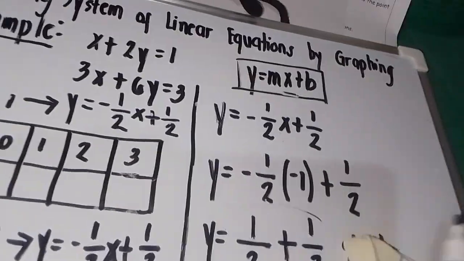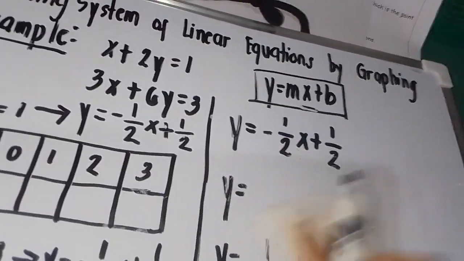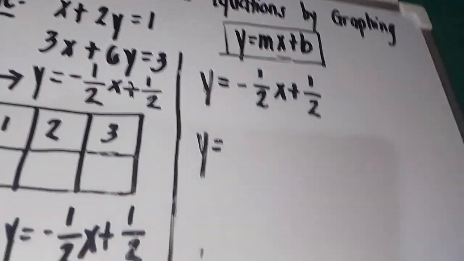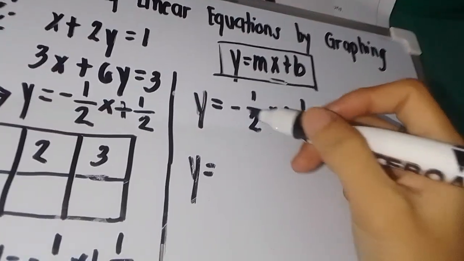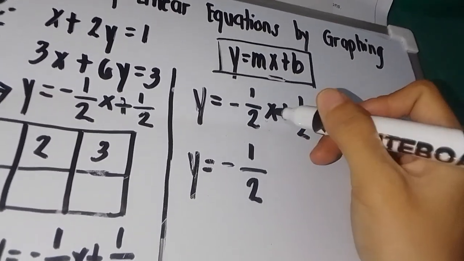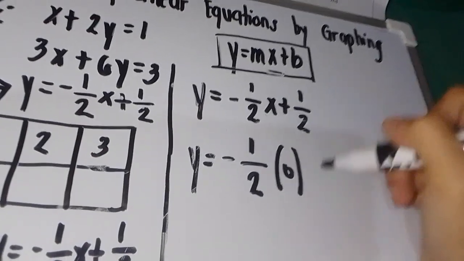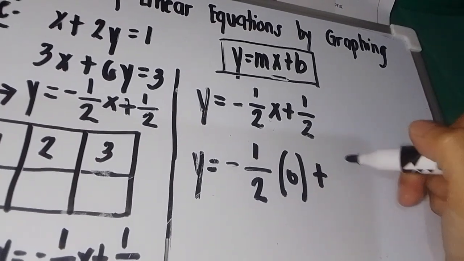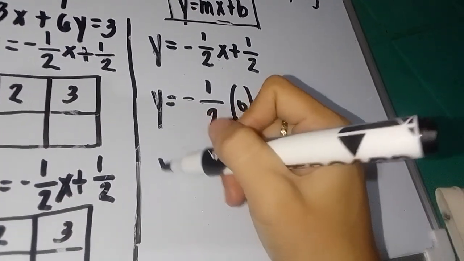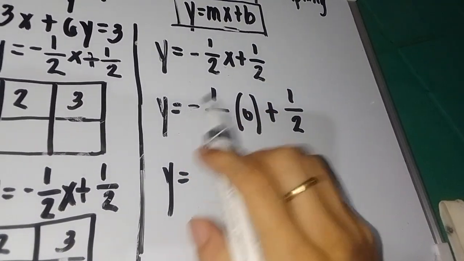Now proceed: what is y if x is 0? Let's go back and solve. If x is equal to 0, same equation, -1/2, and x is replaced by 0, following the second term, plus 1/2. Next, y is equal to -1/2.